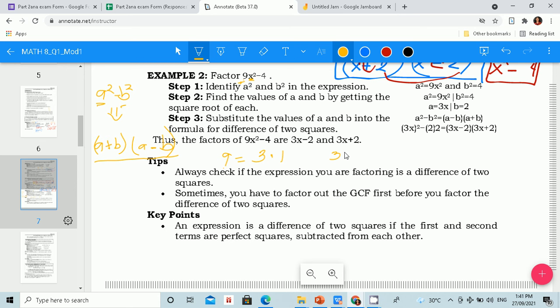So, we will have 3 times 3 kay square man daw, that is 9. x times x, that is x squared. 3 times 3 equals 9. 3 squared is 9. x squared is x squared. Minus, we have a factor of 2 squared. 2 times 2 is 4.